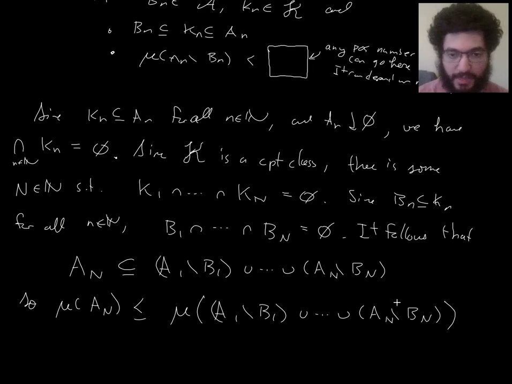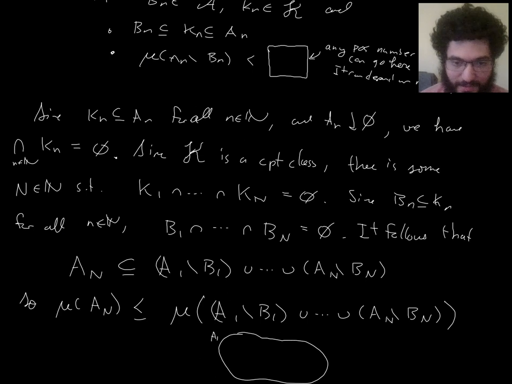But do I know that these are actually disjoint? I mean, I don't think I do, right? Like, there could be something in A2, I don't know, let me just draw a picture to convince myself that they need not be disjoint. So here's A1 maybe, and then maybe that's B1.